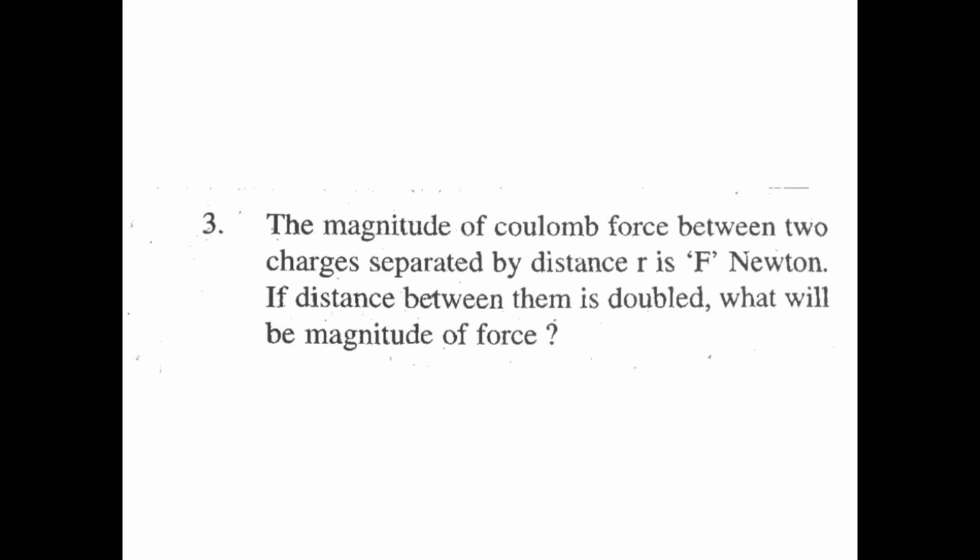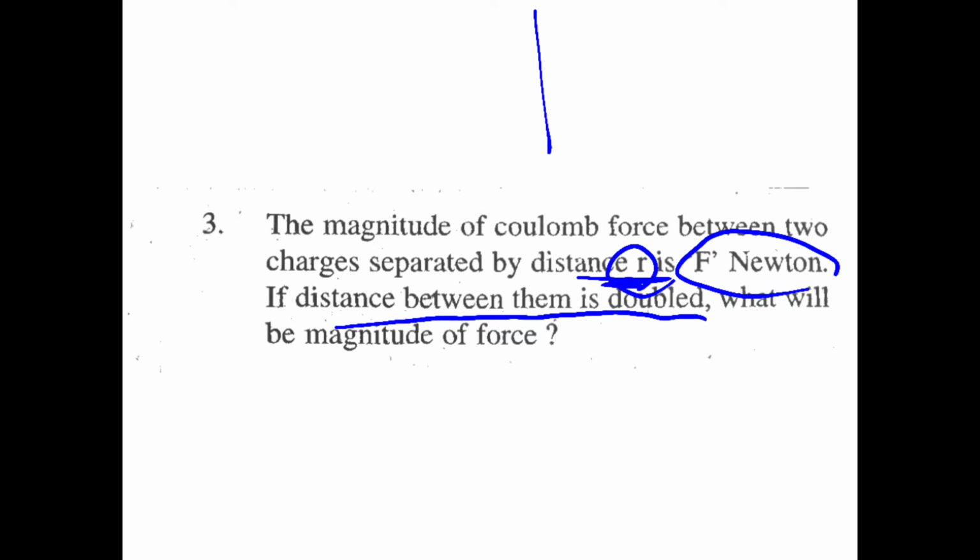The next question is that the magnitude of Coulomb force between two charges separated by a distance r. That means there are two charges, and the distance between them is r, and the force will be F Newton. If the distance between them is doubled, what will be the magnitude of the force?